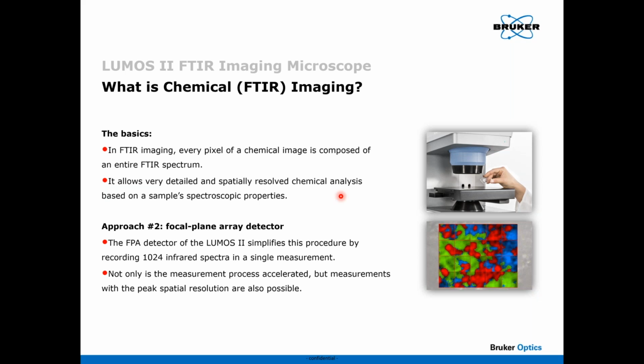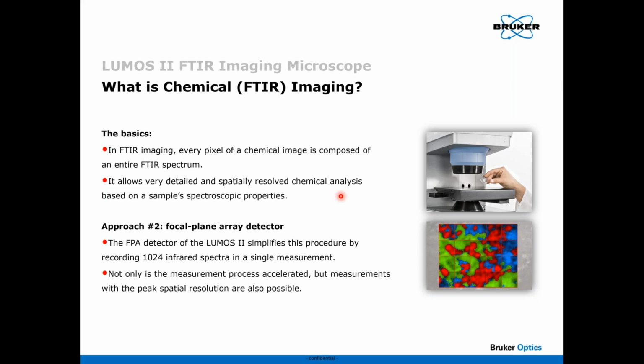When you look at the image on the lower right, you can see I collected a 5 by 4 image of the sample in question, 20 focal plane array images, and each of those 20 windows, so to speak, has 1,024 spectra. So there are 20,000 spectra collected very quickly, in literally less than a minute.